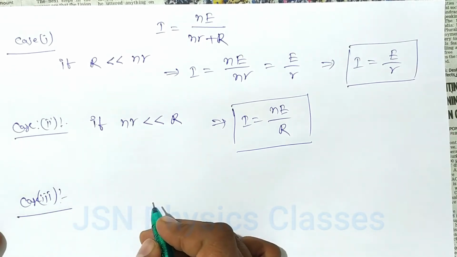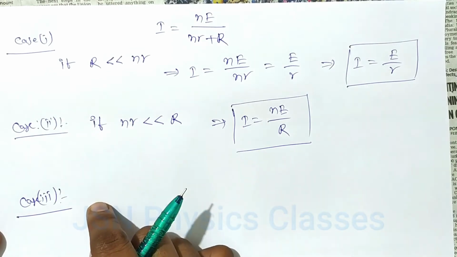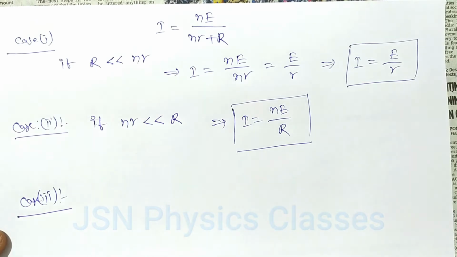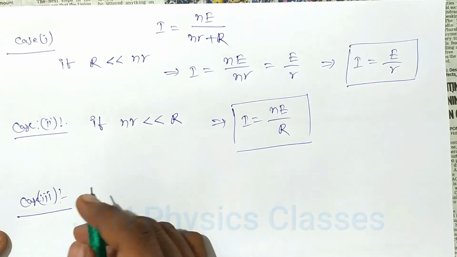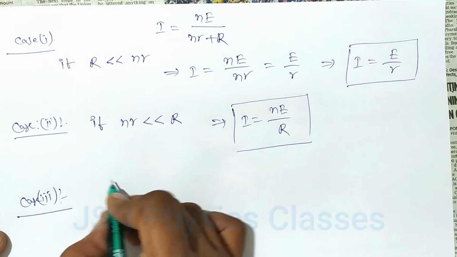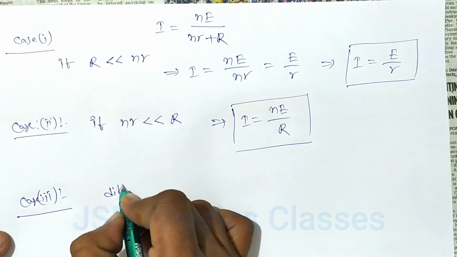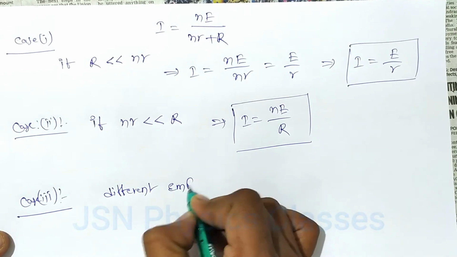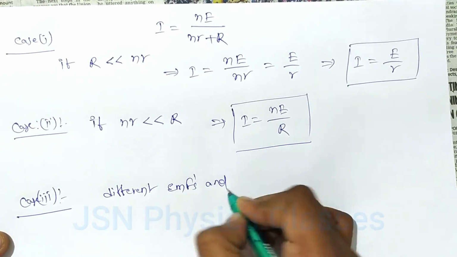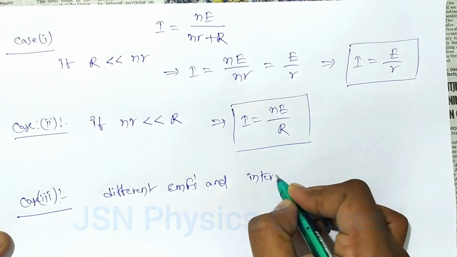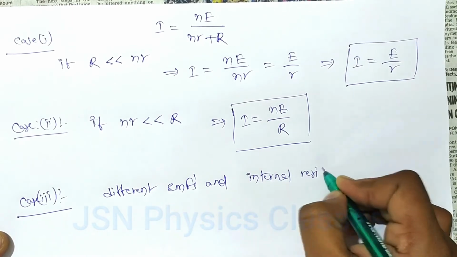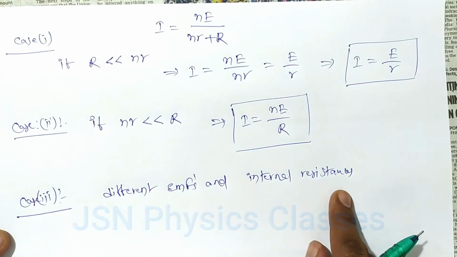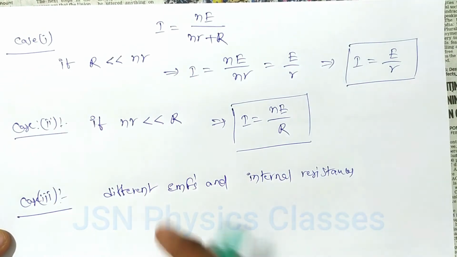So in case 3, in the previous case we took all cells identical. For example, now all cells are different, with different EMFs and internal resistances.